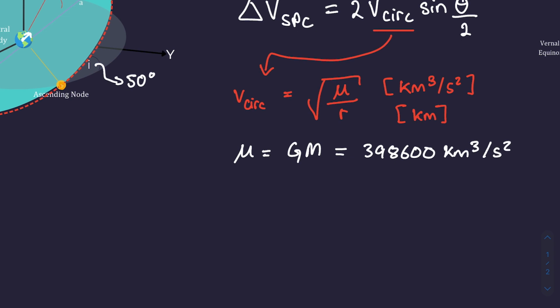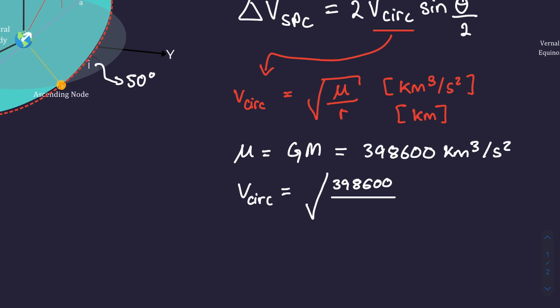And that gives us our circular velocity of the square root of 398,600 over our radius.